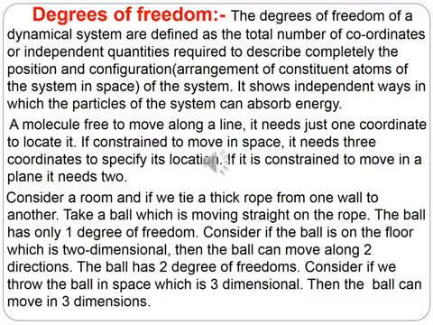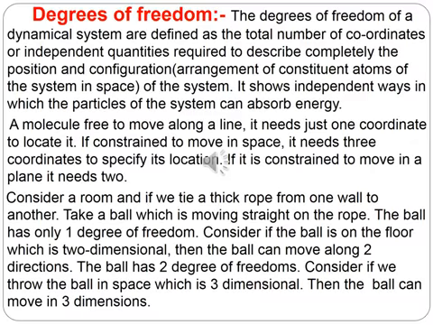For simplicity, consider a room, and if you tie a thick rope from one wall to another, take a ball which is moving straight on the rope. The ball has only one degree of freedom. It is the translational degree of freedom, as it is moving in one particular direction.